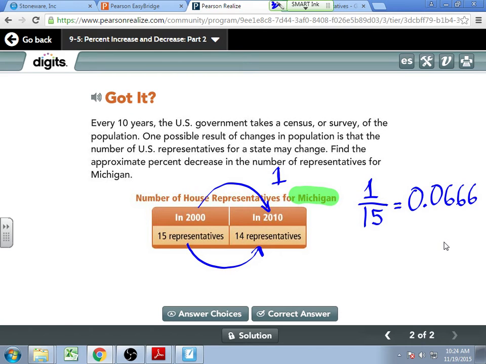So 1/15 is 0.0666, with the 6 repeating. So 1/15 is another one of those repeating decimals. When we move the decimal 2 places, we get approximately 6.7%.